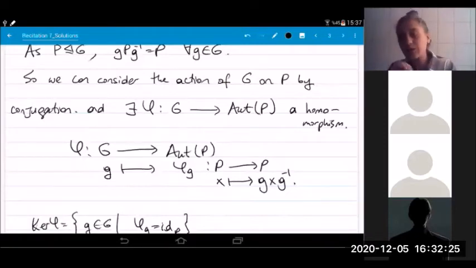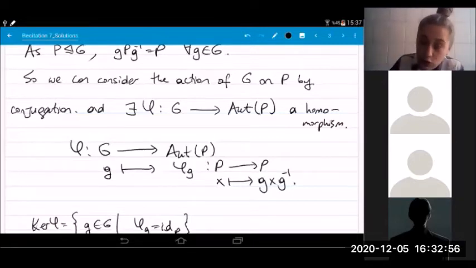Yes. But since P is a normal subgroup in our whole group, the conjugation by the elements from the group itself, not just the elements from the subgroup, also forms an automorphism of P. So there is no harm in defining this conjugation action from G to the automorphism group of P.